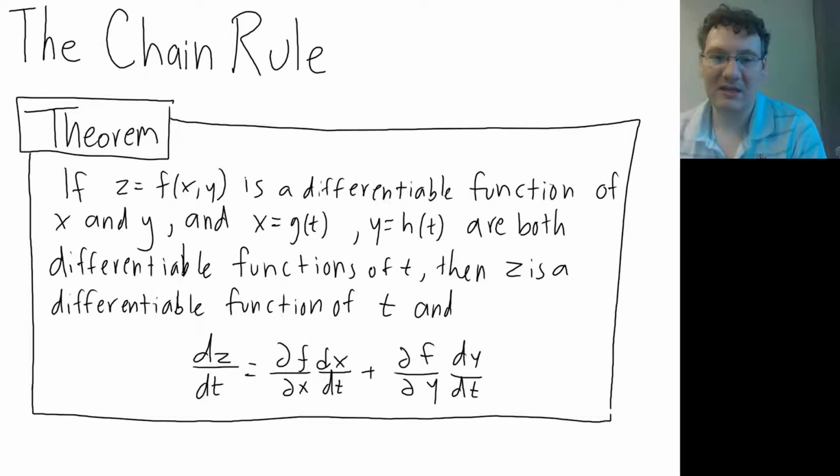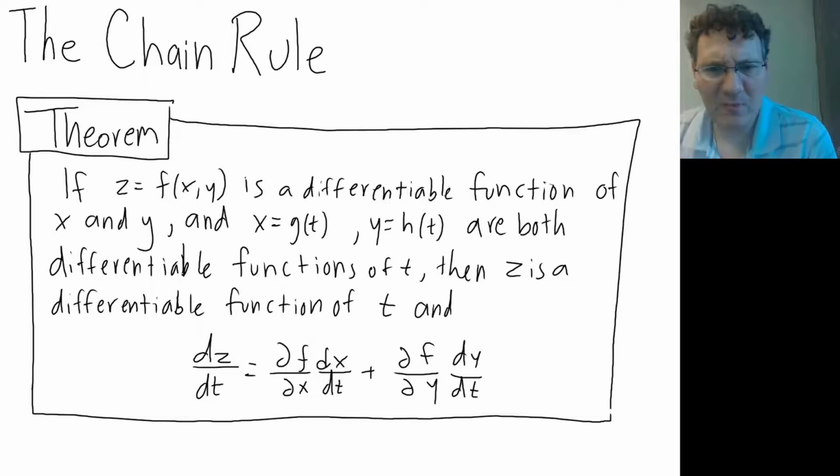The chain rule says dz dt, that's not the partial derivative, that's the derivative with respect to t. dz dt is the partial of f with respect to x times dx dt, that's the derivative of x, plus partial f with respect to y times dy dt.